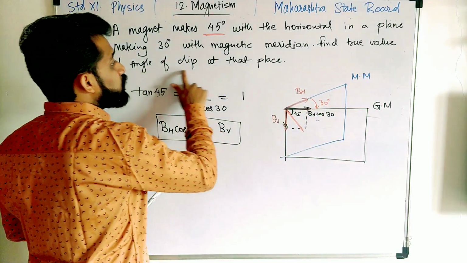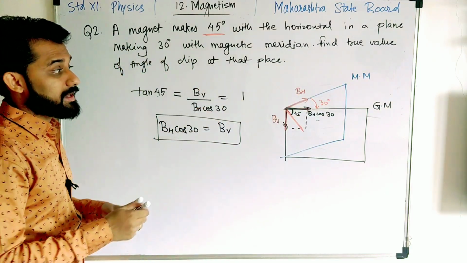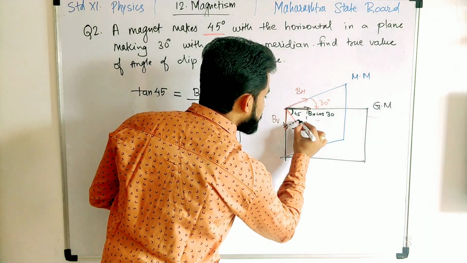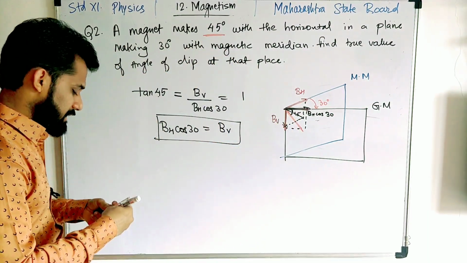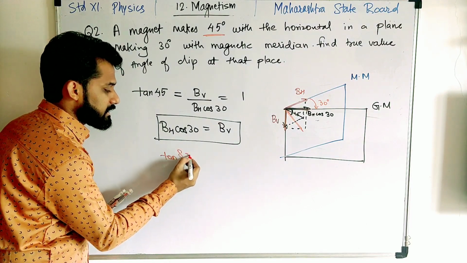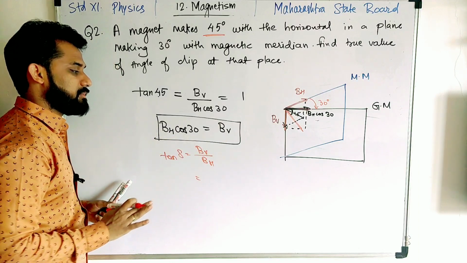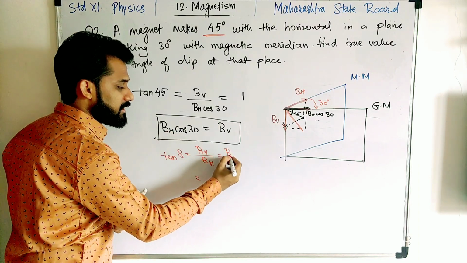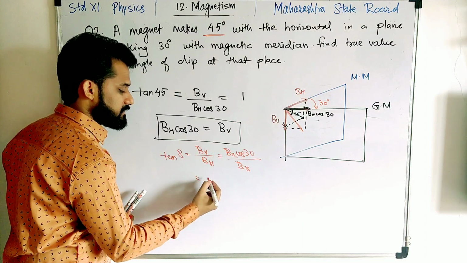The actual question is, what is the true angle of dip? True angle of dip is the angle of dip in magnetic meridian. So in the magnetic meridian, the angle that the needle will make is the angle of dip, and the actual definition of angle of dip is tan delta is equal to BV by BH. We need to just replace the value of BV. What is the value of BV? BH cos 30 upon BH. BH will cancel.